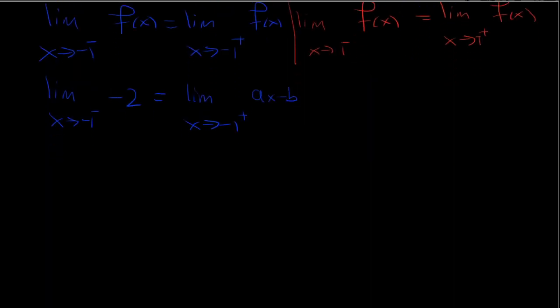So I could just plug in negative 1 for both. Because the left one is a constant function, it's always going to be negative 2. And to the right, I can just plug in negative 1. I get negative a minus b.